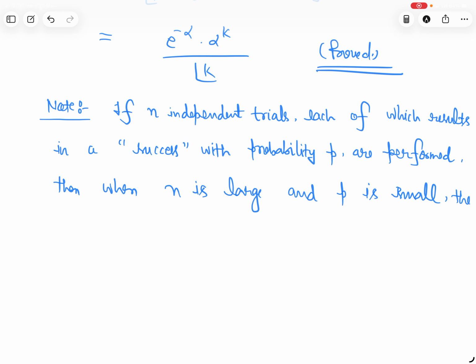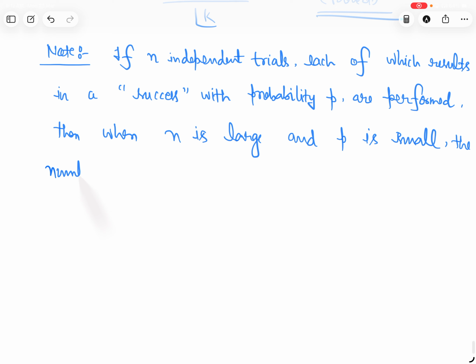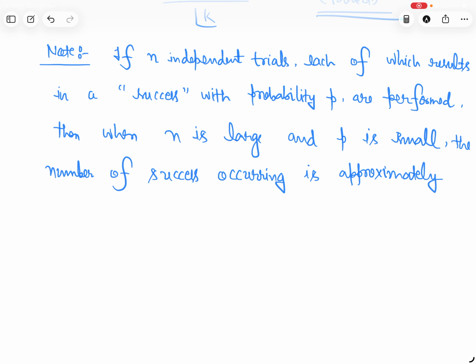The number of successes occurring is approximately a Poisson random variable with mean alpha equal to np.